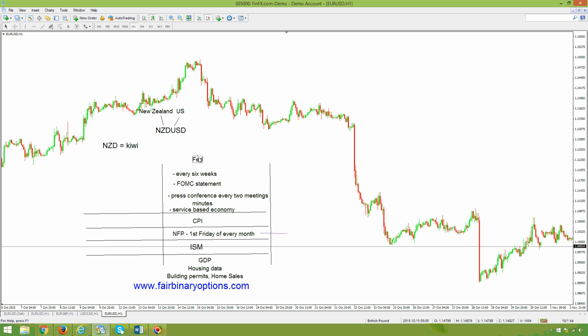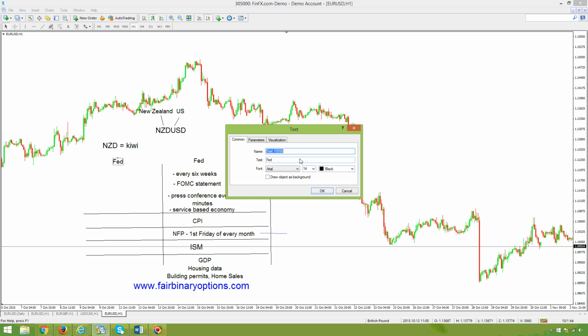If in the United States we have the Federal Reserve as the major central bank with two important mandates, keeping inflation below or close to 2% and creating jobs, in New Zealand we have the so-called RBNZ, that stands for Reserve Bank of New Zealand.